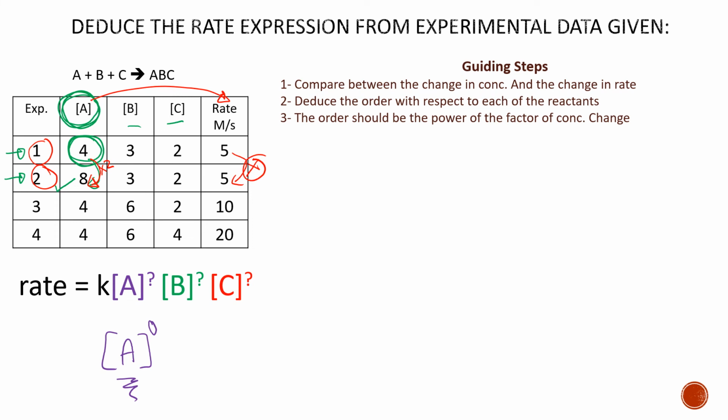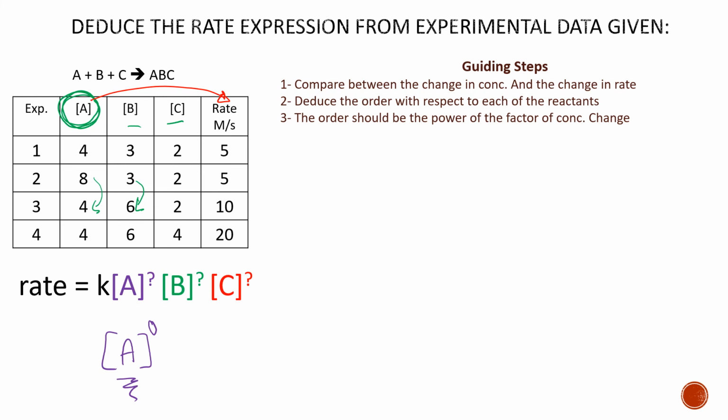Which experiments should we choose here? First of all, let's check experiments 2 and 3. Why 2 and 3? Because B has changed, but A has changed as well. So now we cannot use it.